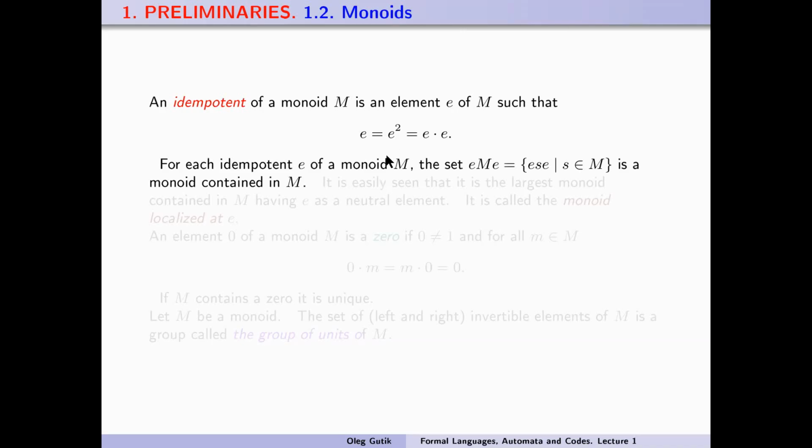For each idempotent e of a monoid M, the set eMe, which consists of elements of the form ese, where s belongs to M, is a monoid contained in the monoid M. It is easily seen that this is the largest monoid contained in M having e as its neutral element. So we shall show that this set is a monoid.